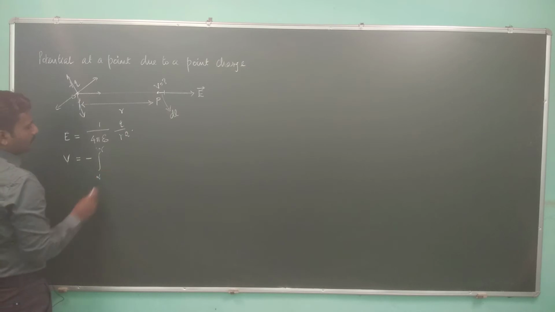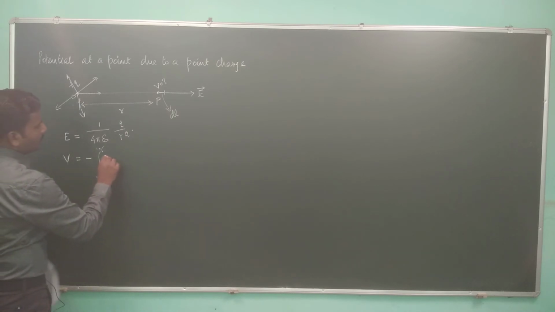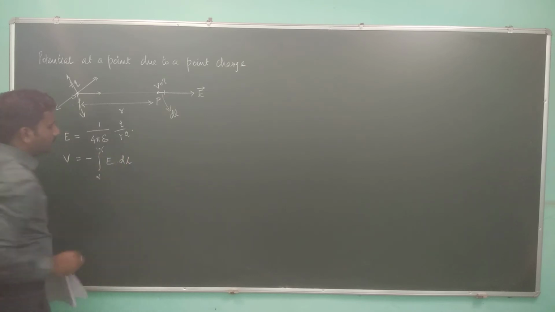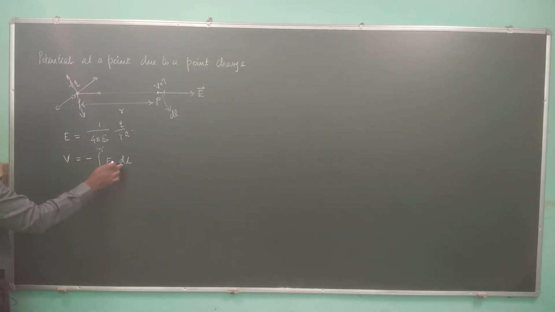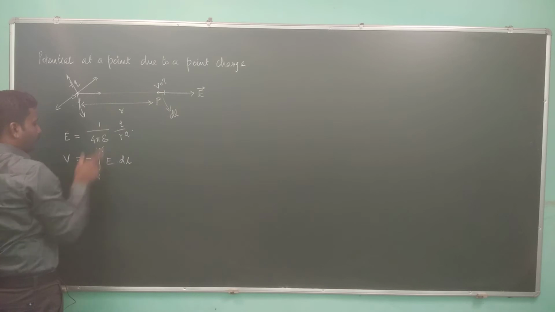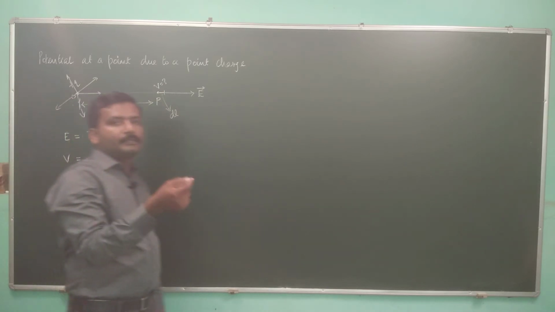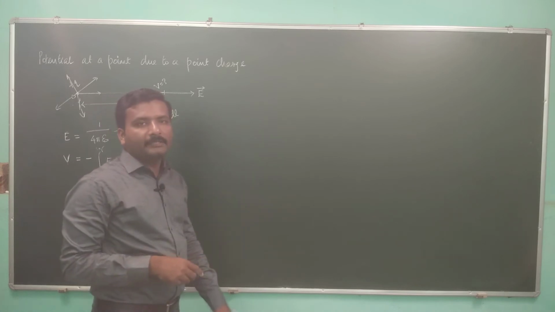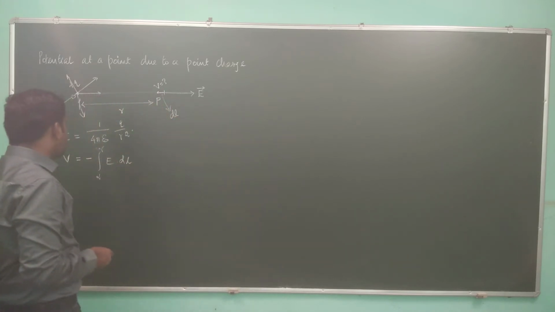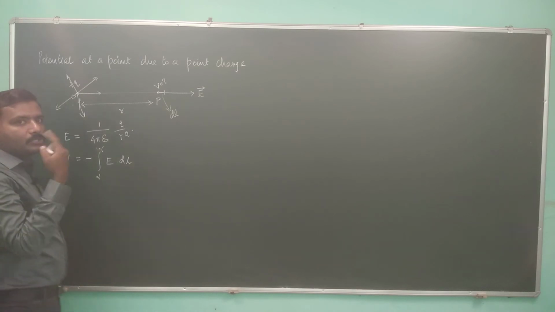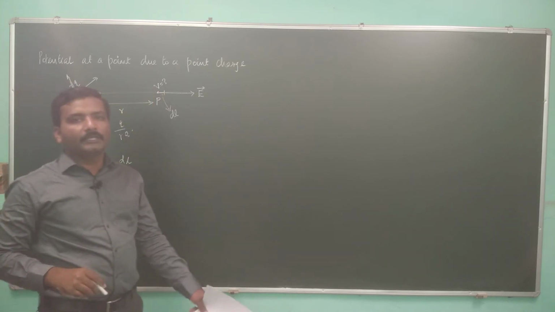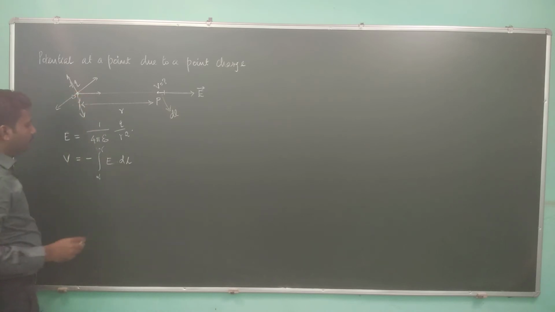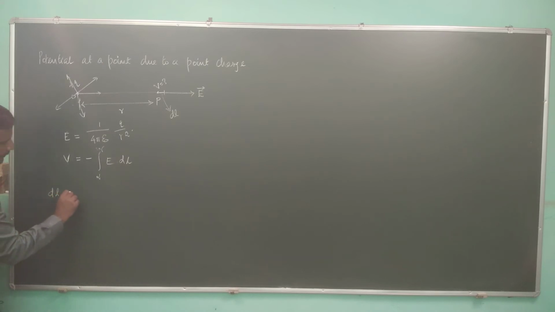We wrote this equation earlier while defining terms for potential and potential difference. We can derive it by assuming that a test charge is brought from infinity to a particular point in the electric field of the positive charge plus q. Here dl is the displacement component.